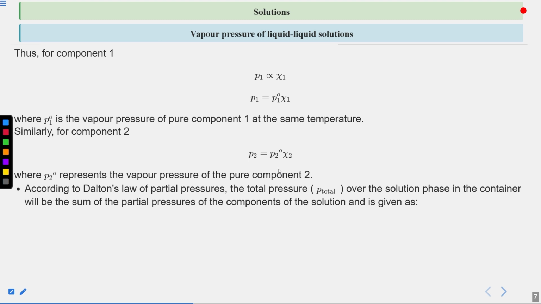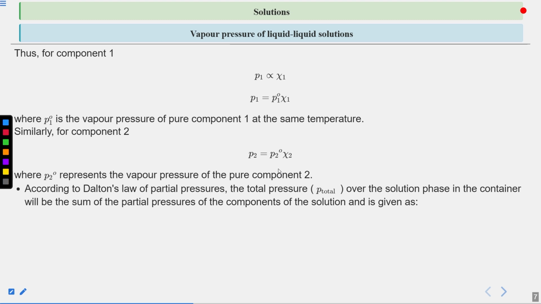Suppose we have a gas enclosed in a balloon, and the gases in that mixture are nitrogen, oxygen, and sulfur. Each of these molecules will have some pressure. So we can write that pressure due to oxygen plus pressure due to nitrogen plus pressure due to sulfur is equal to the total pressure.